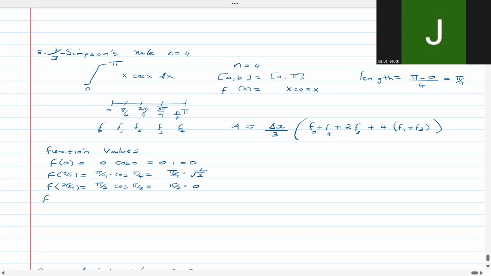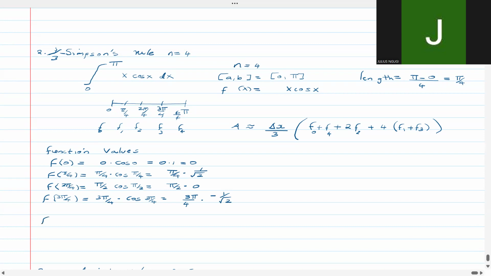The other one is f at 3 pi over 4, which is 3 pi over 4 times cosine of 3 pi over 4. 3 pi over 4 in degrees is 135, and 135 degrees is in the second quadrant, where cosine is negative. The reference angle is 180 minus 135, which is 45, so it's still 1 over root 2, but with a minus sign.